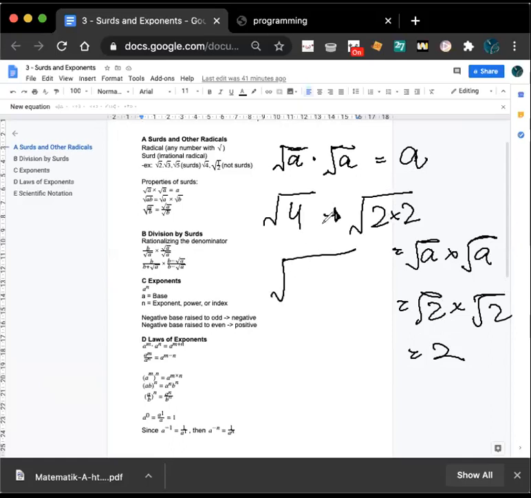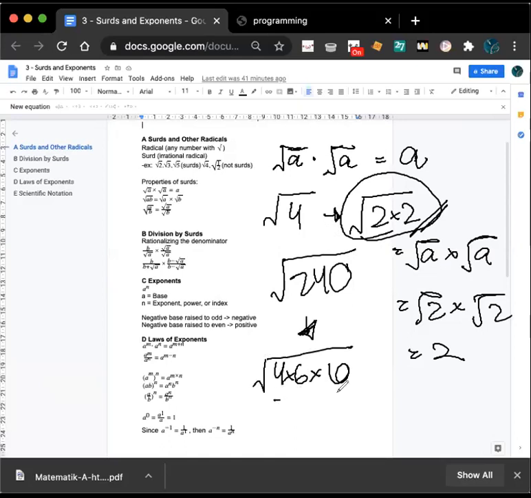I think this is something you should really keep in mind when you do questions relating to indices and surds. For example, if you have a big number such as square root of 240, you can do something like 4 times 6 times 10, and then break it down further into 2 square root of 4 times 3 times 5.